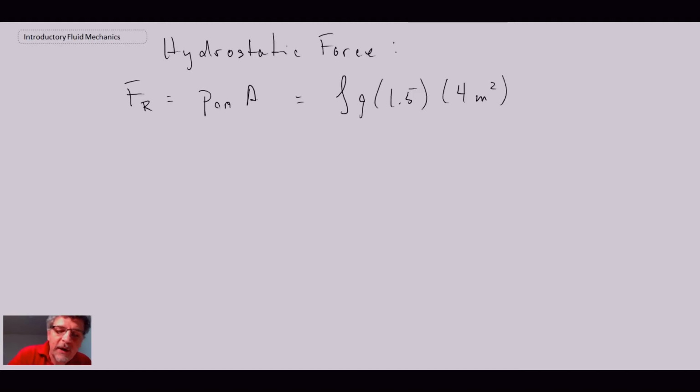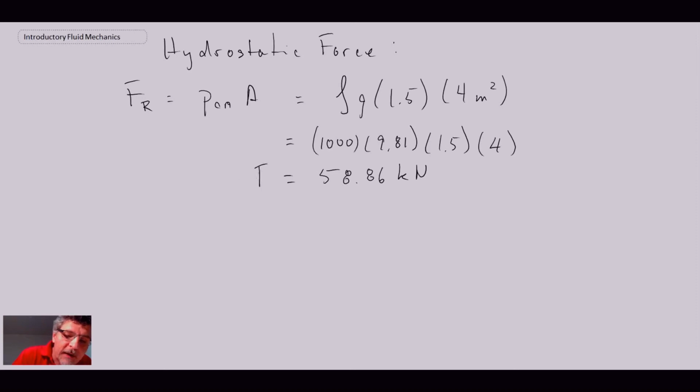So we get this equation, we plug in the density of water, 1,000, 9.81 for the gravitational constant, and then add the other terms, which was h, that was the depth, and then 4 was the area of the plate. And what we get is 58.86 kilonewtons is the force. That is the force due to the hydrostatic water above the plate.